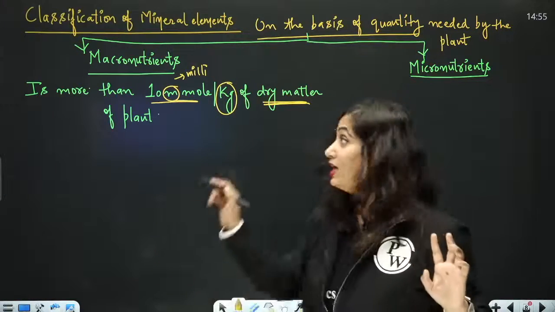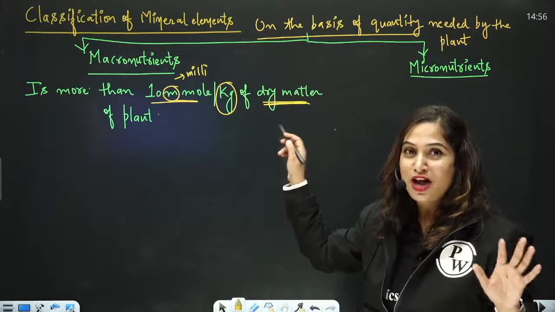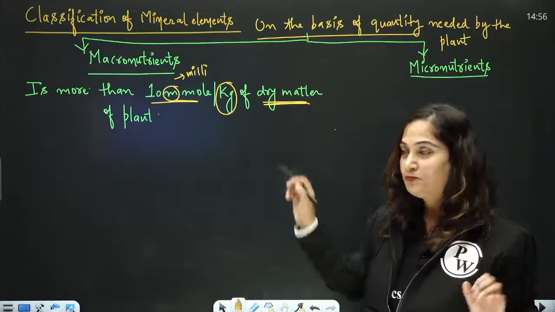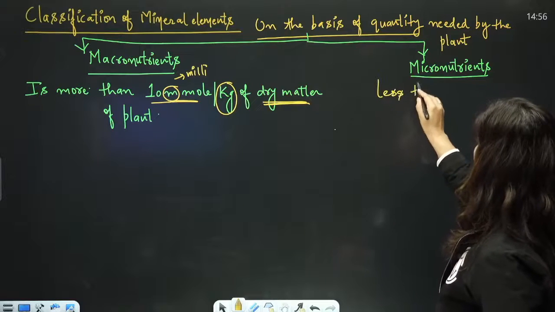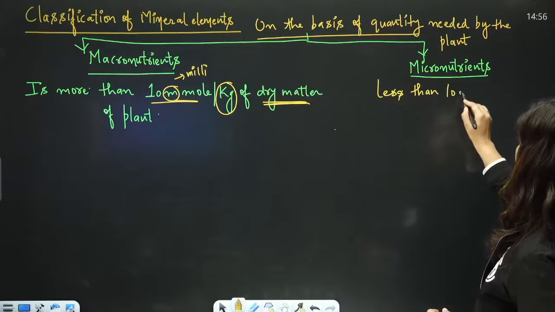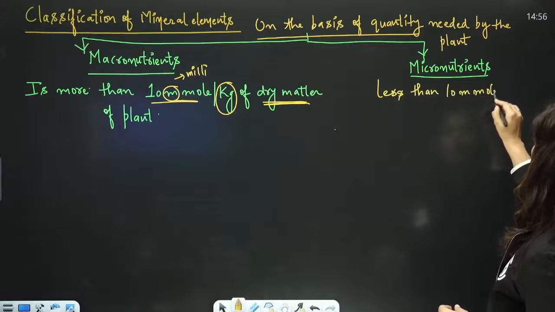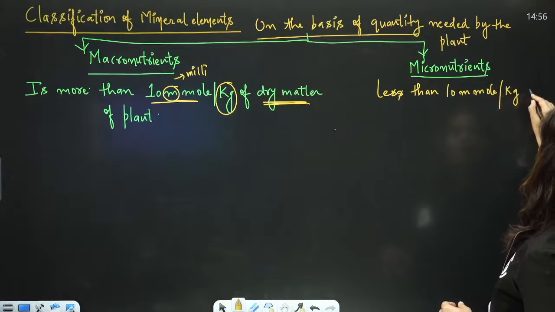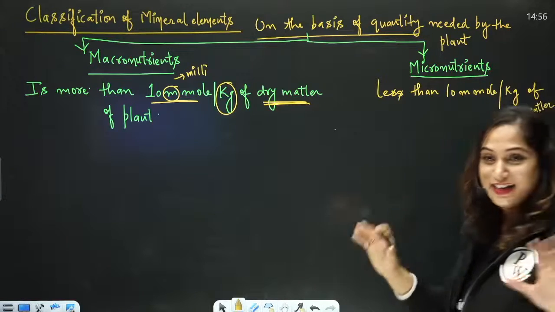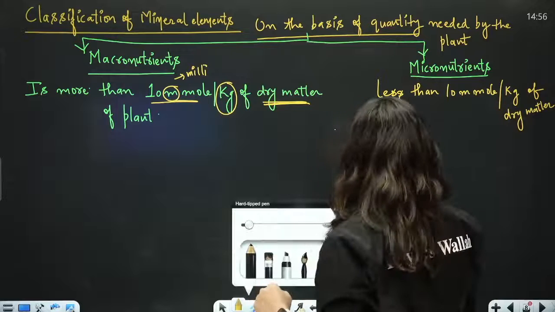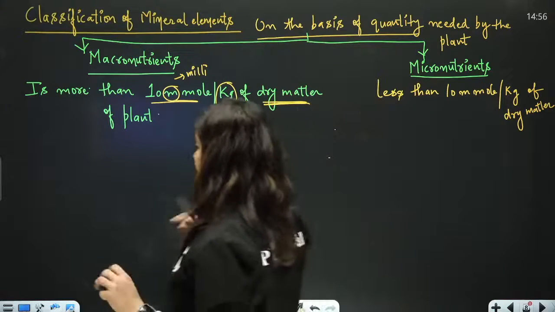So remember, it is not the fresh weight, it is the dry matter of the plant. Clear? And if it is less than 10 millimole per kg of dry matter, then it is micronutrient. Clear?